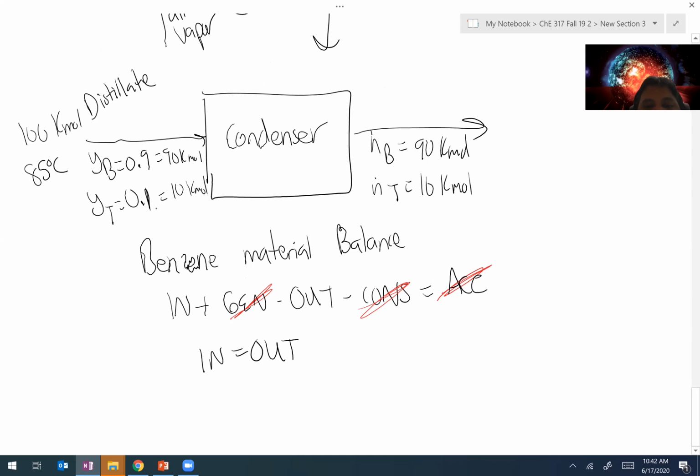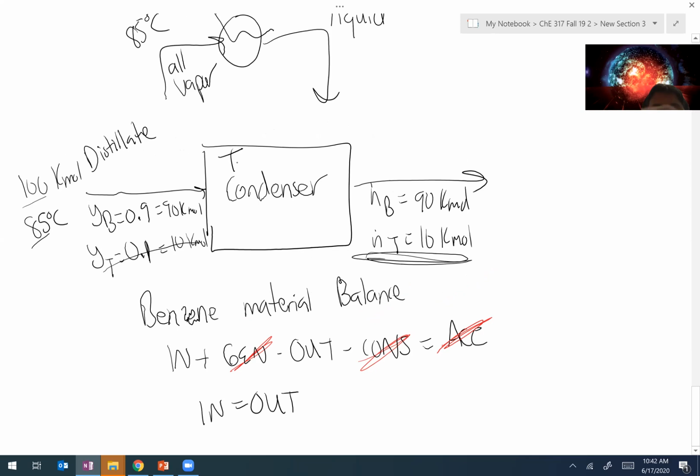Right? And so in this condenser, even though I have this temperature, it's 85, it's coming in with these flow rates. By the material balance, I'm still going to have 90 kilomoles leaving and 10 kilomoles leaving.